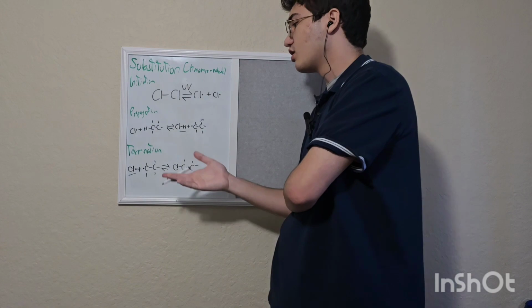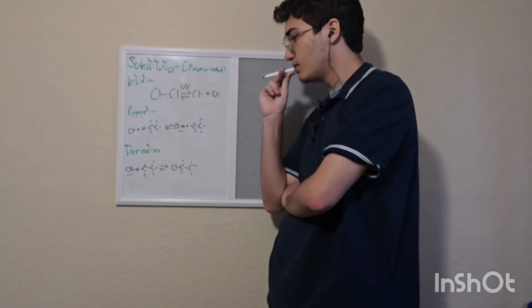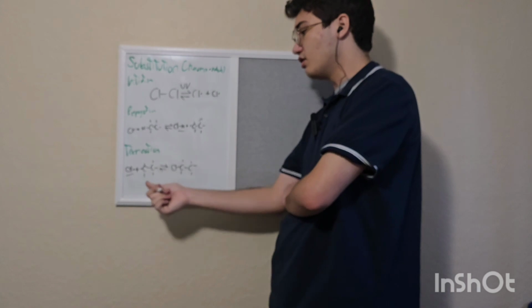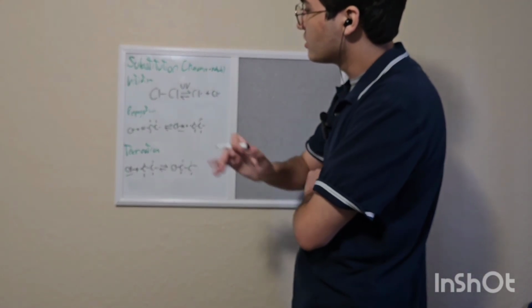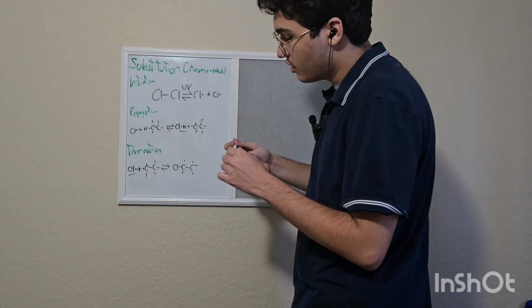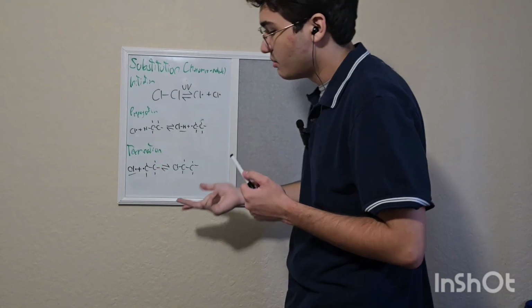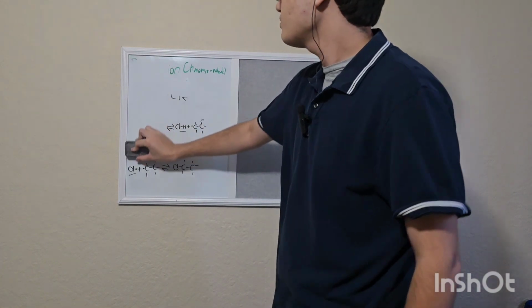You don't have to worry about Markovnikov's rule. Just know free radical ions take a hydrogen, and then the other one joins a carbon. It's not that bad. The only thing I would ask that you remember is the steps: initiation, propagation, termination. Those are separate steps that you have to remember.